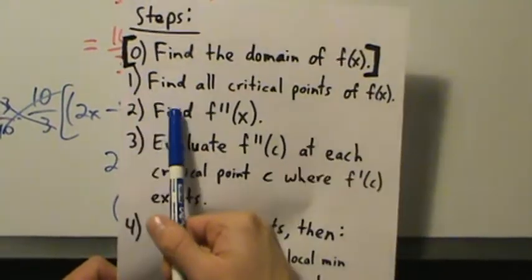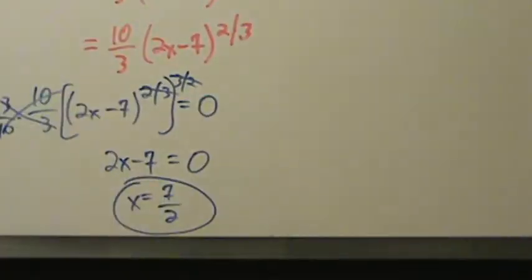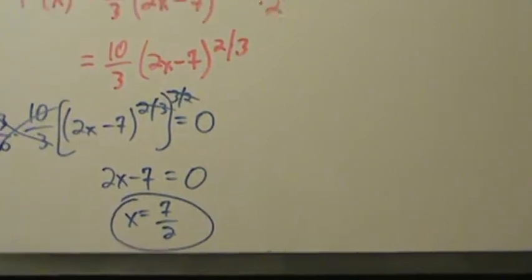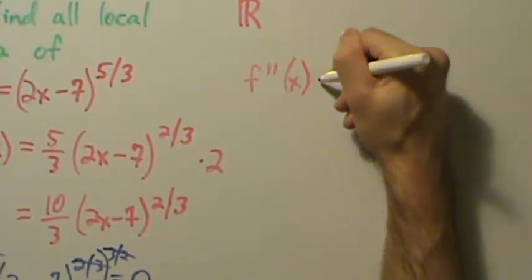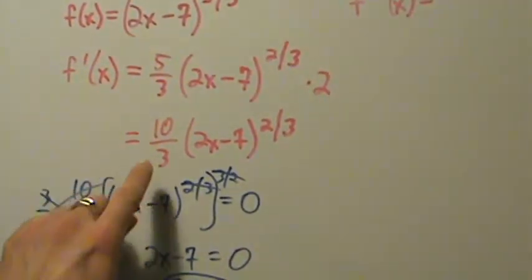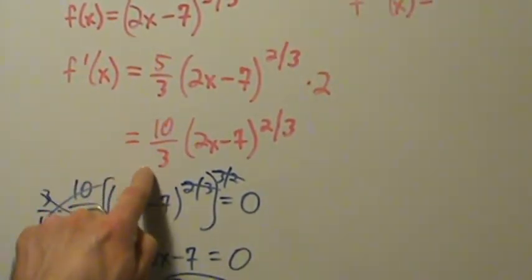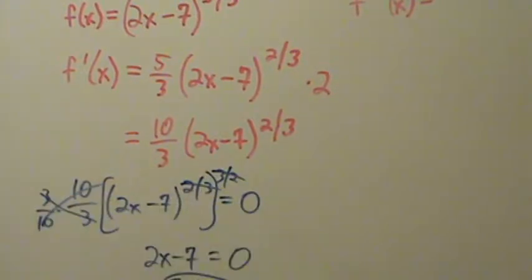Now step 2, find the second derivative. So let's come back up here. Here's our first derivative: f prime of x equals 10/3 times the quantity 2x minus 7 to the 2/3.